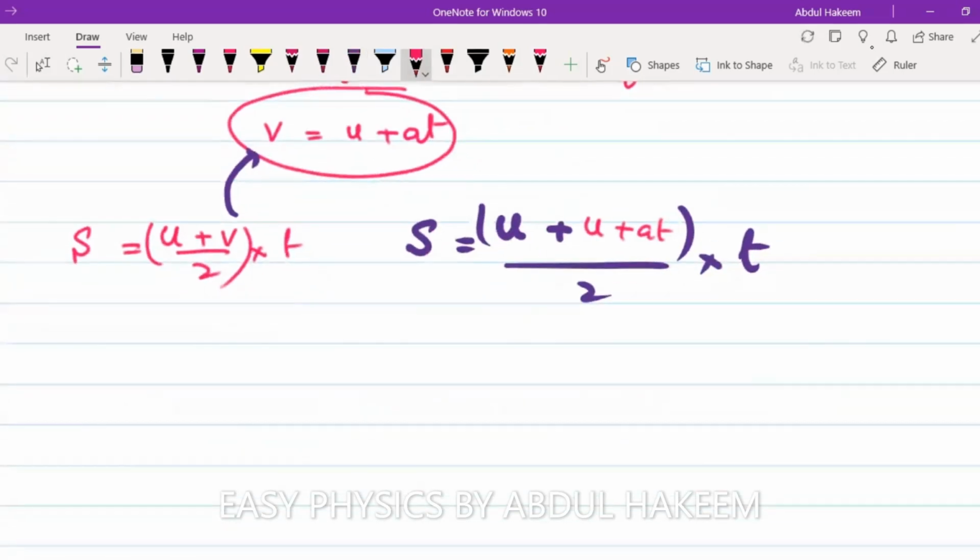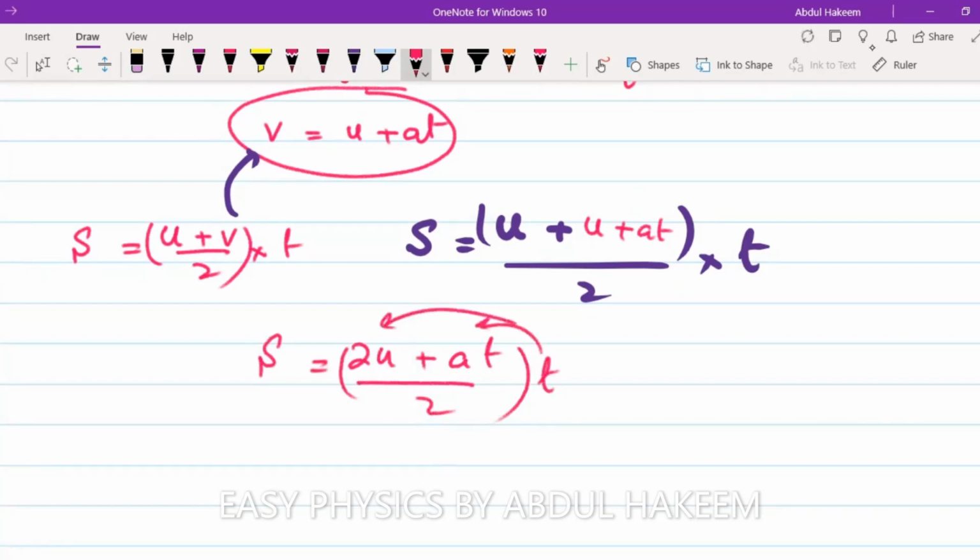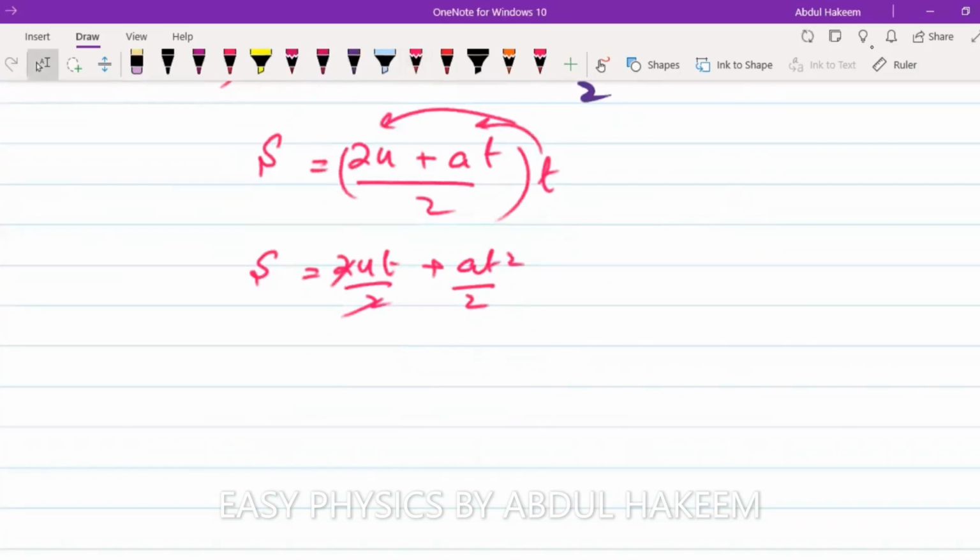And then the equation will be s is equal to (2u plus at) divided by 2 into t. Now multiply this t with both. So s is equal to (2ut plus at square), and then divide this 2 individually. This 2 cancelled. So your second equation is there. s is equal to ut plus 1 by 2 at square.